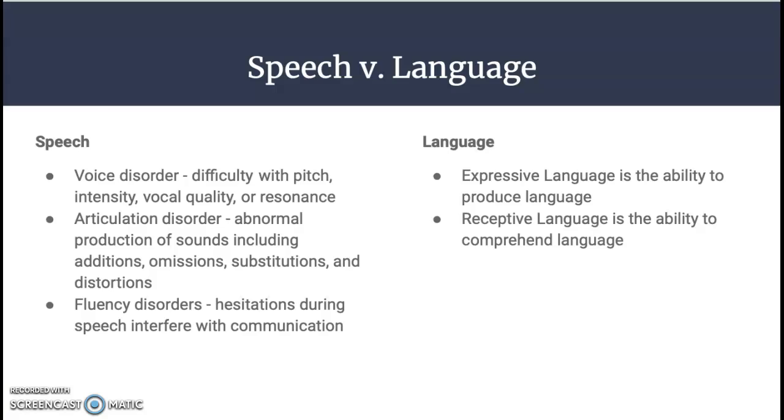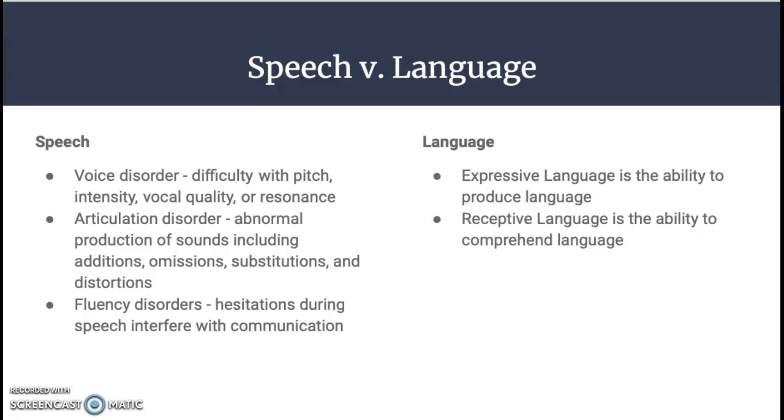So, with the term speech and language, there is a bit of a difference between both of them. Speech has several different types of disorders. There's a voice disorder, which is difficulty with pitch, intensity, vocal quality, resonance. There's articulation, so abnormal production of sounds, including adding phrases, syllables, or sounds that shouldn't be there, or omitting those sounds.